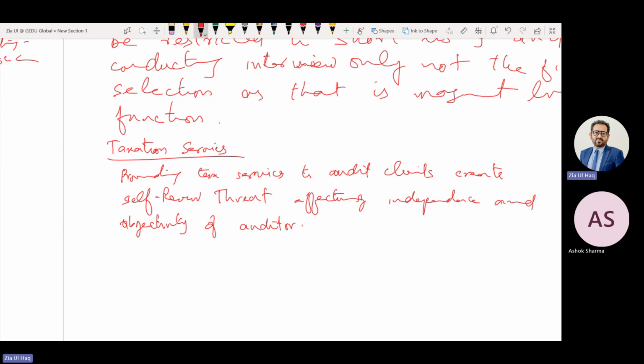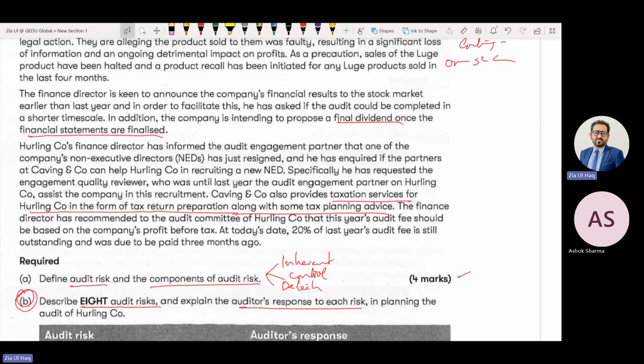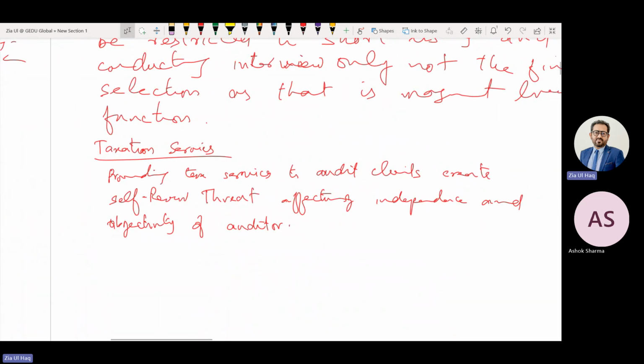We are also providing what? Not only preparing tax returns, we are also providing planning advice. So tax planning advice will create what? Advocacy threat, advisory services.